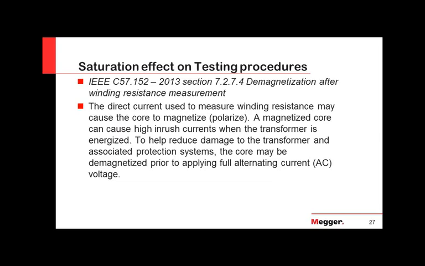And that way, we're able to measure only the resistive part and not the reactive components of the system. What it is saying here is, to help reduce damage to the transformer and associated protection system, you may demagnetize prior to applying full alternating current AC voltage.